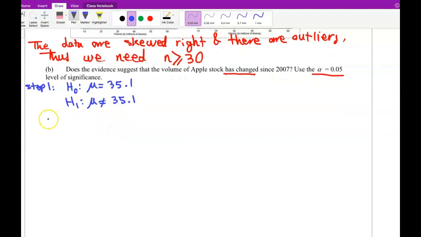Then step 2: our alpha is given. Then step 3, test statistic, finding t.